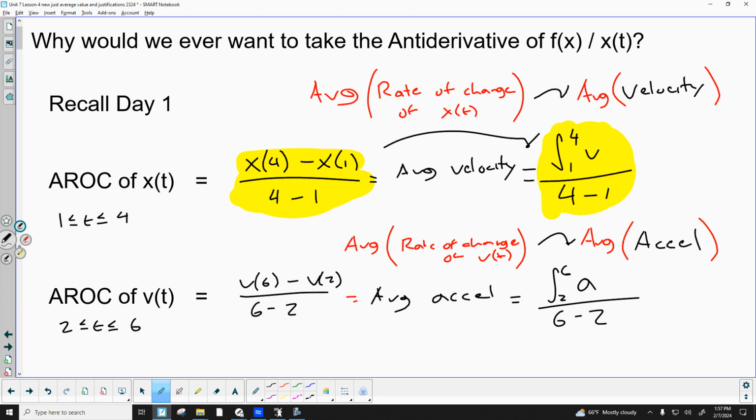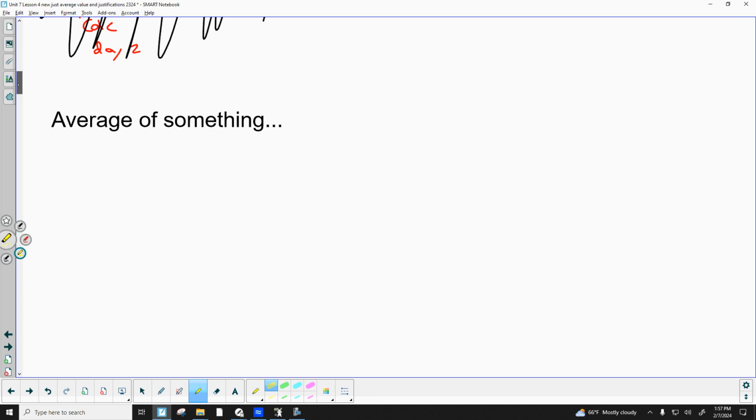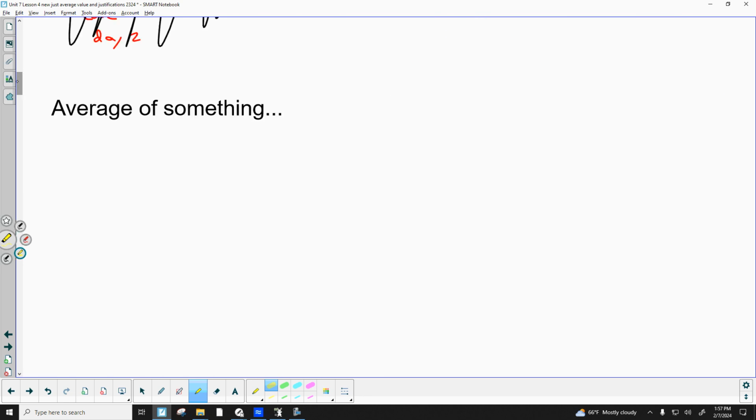Which will bring us to the key to the lesson. If I ask you to find the average of something, you can equate it to the average rate of change of something, but it's actually less complicated if you don't think about it that way.